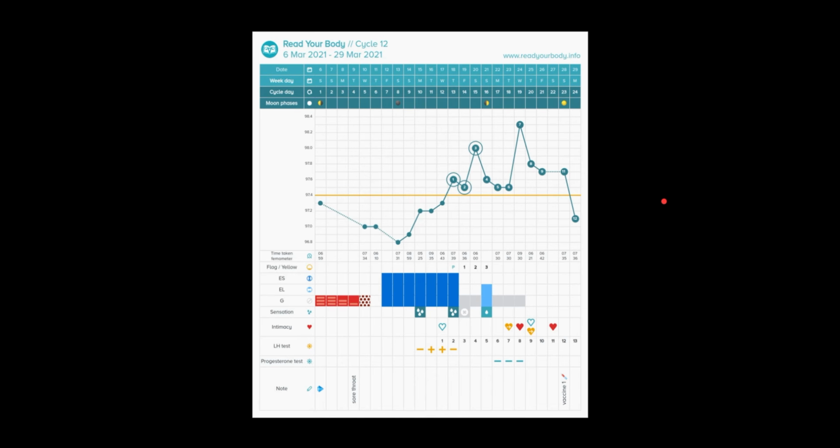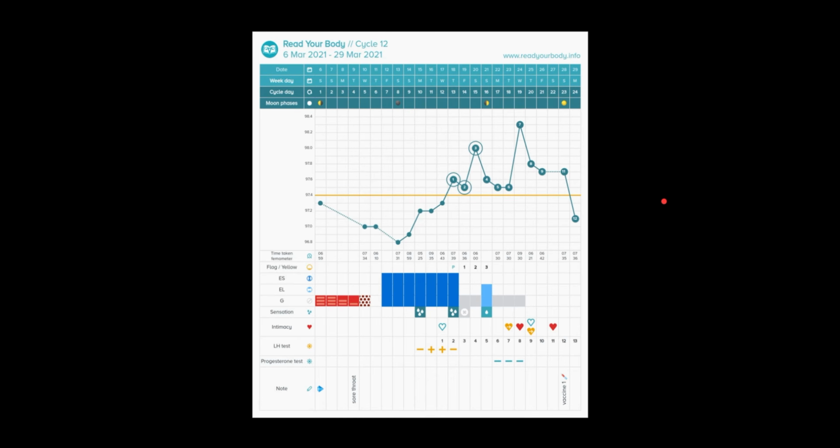When we talk about the cycle, we're not just referring to the bleed or menstruation. We're talking about the whole ovulatory cycle that takes place from day one of menstruation in the first cycle all the way until the next cycle begins.